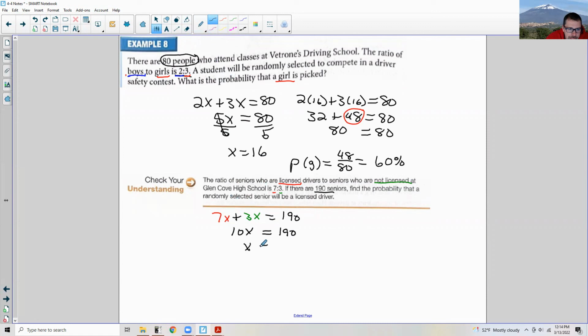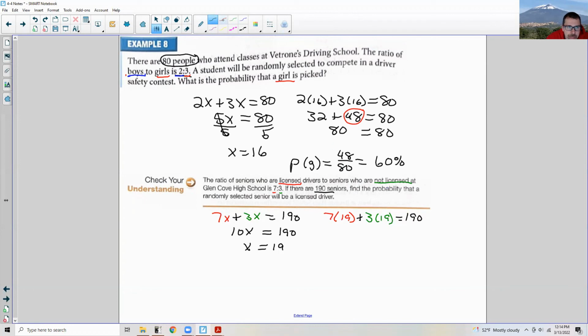Divide both sides by 10 and x is 19. So licensed is 7 times 19. Not licensed is 3 times 19.